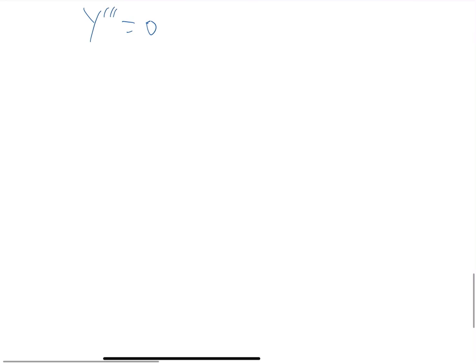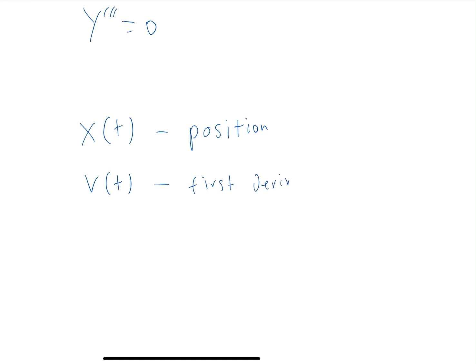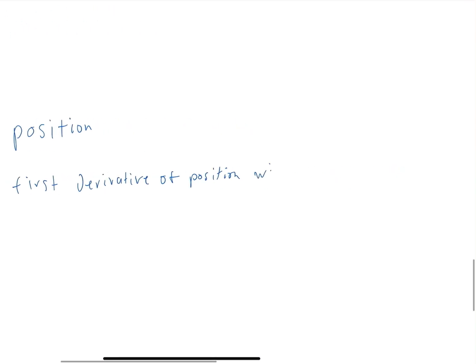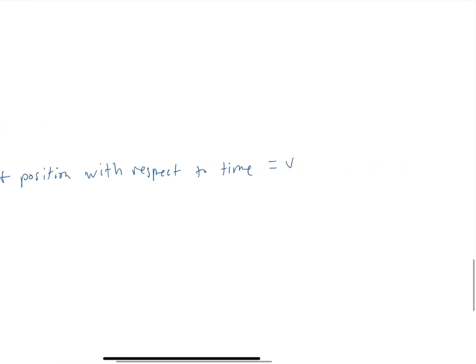So for physics, say, the basic kinematic functions, we have x of t, which is normally your position. The first derivative of position with respect to time is equal to velocity.